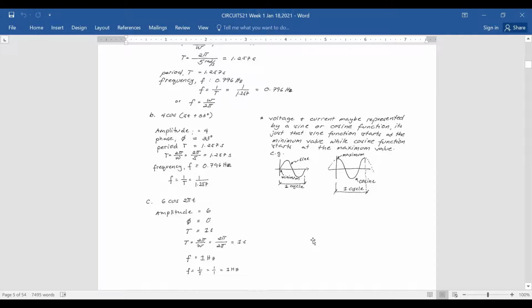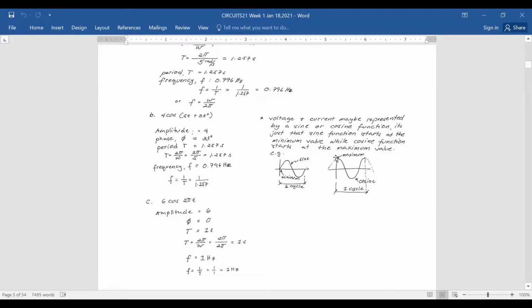Okay. So there's an additional illustration here regarding how to interpret a sinusoid. Let's say, for example, if the graph starts from the zero axis, then we can say that's a sinusoidal current or sinusoidal voltage, and the function is sine.